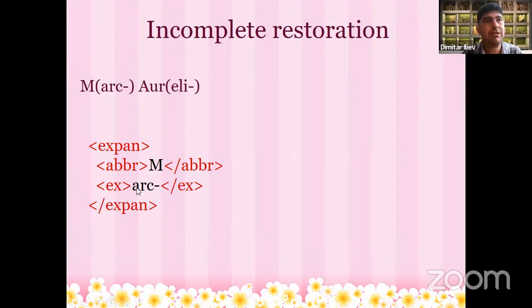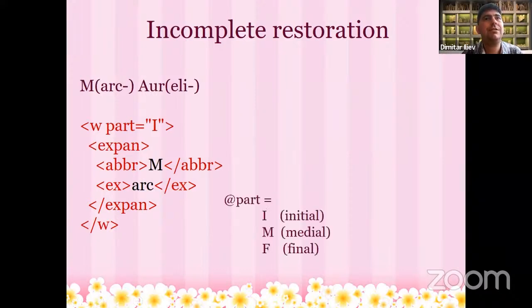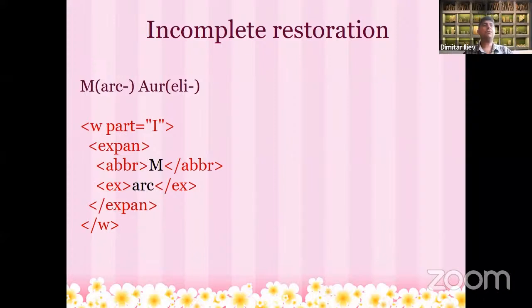And yes, you encode with ex your expanded part of the abbreviation. And you can indicate that this is partial. You can also indicate when you expand this abbreviation that this is only a partially restored word. How do you do this?